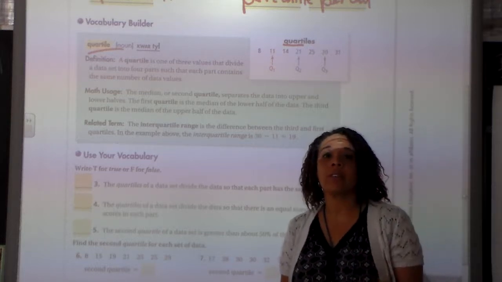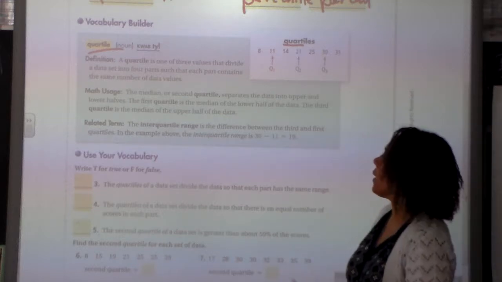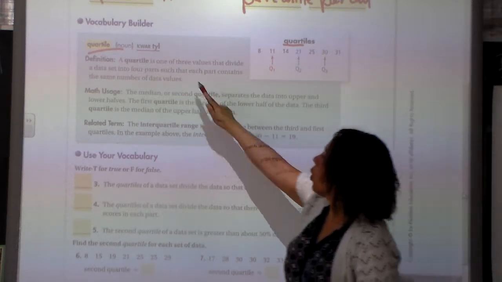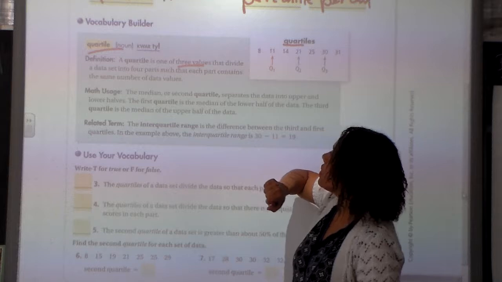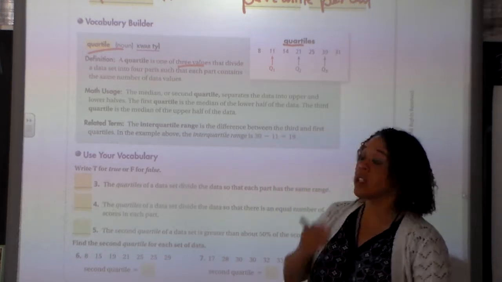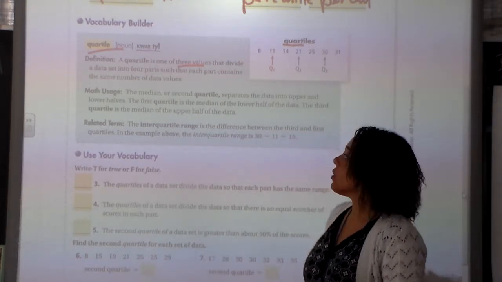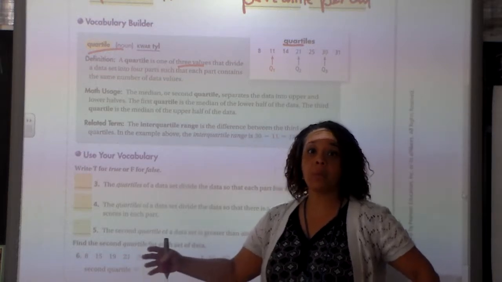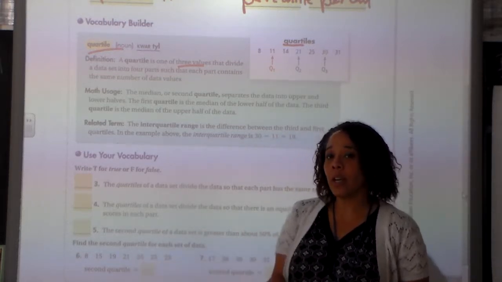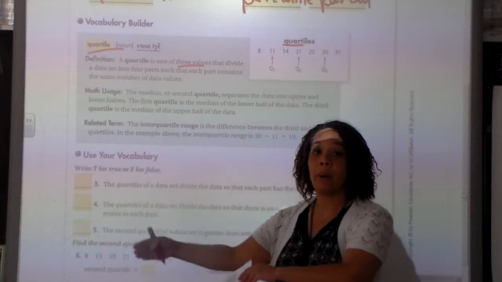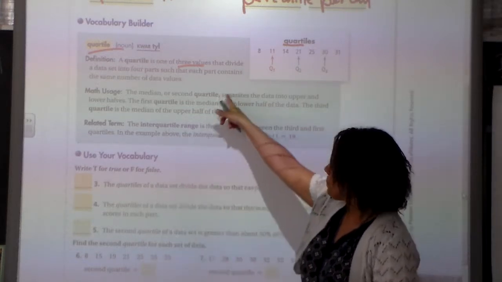Like 4 quarters go into a whole dollar, okay? So instead of being divided into 100 equal parts or percentiles, quartiles divide the whole set of data into four parts.